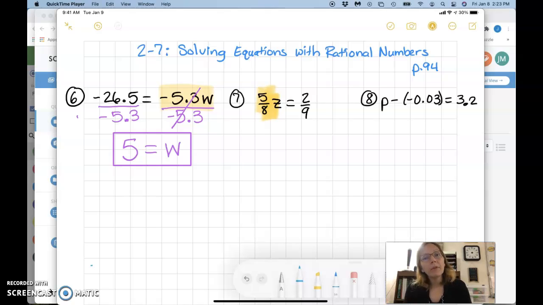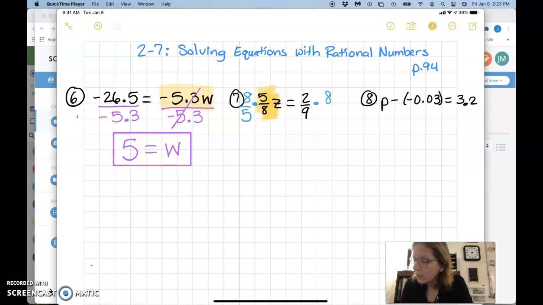Remember, when we're dividing fractions, we have to flip it and multiply. So I'm going to multiply by the flip. Whatever I do to one side, I have to do to the other. And these are going to cancel out. I'm just left with Z.